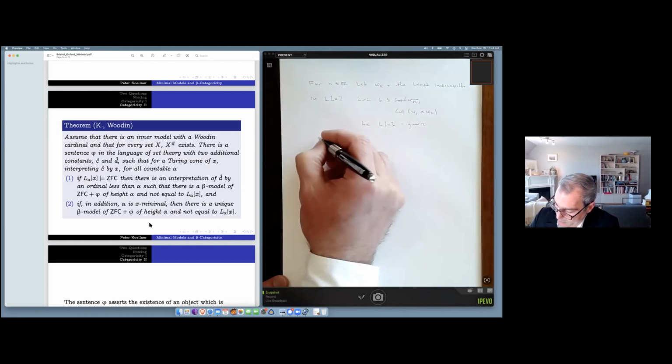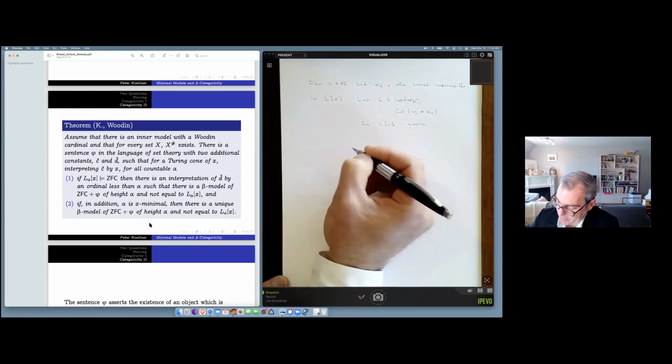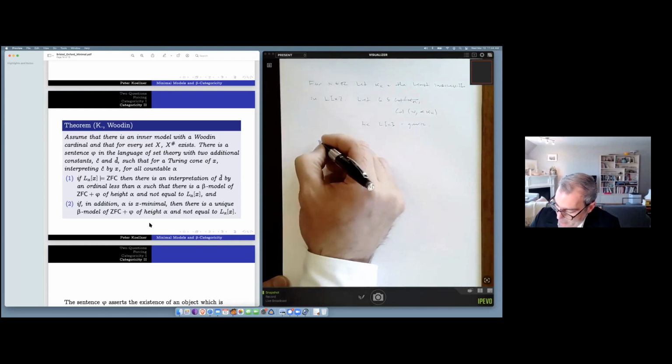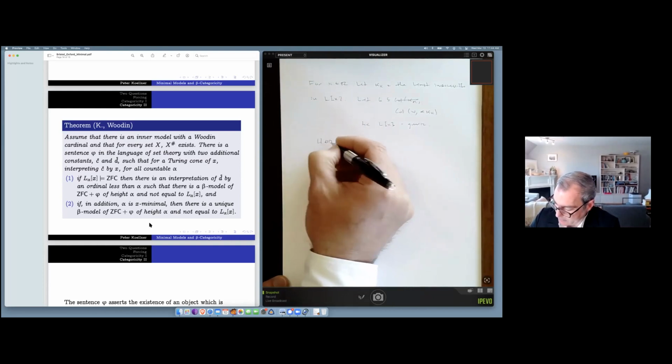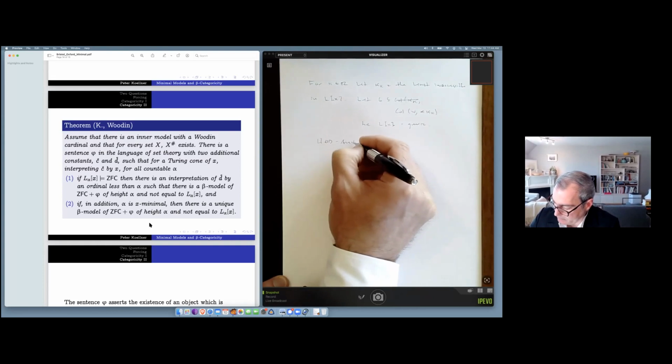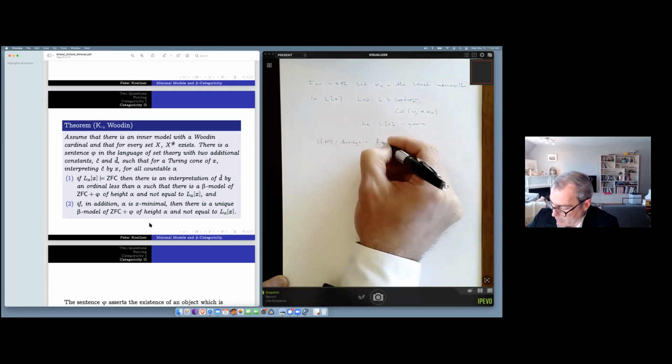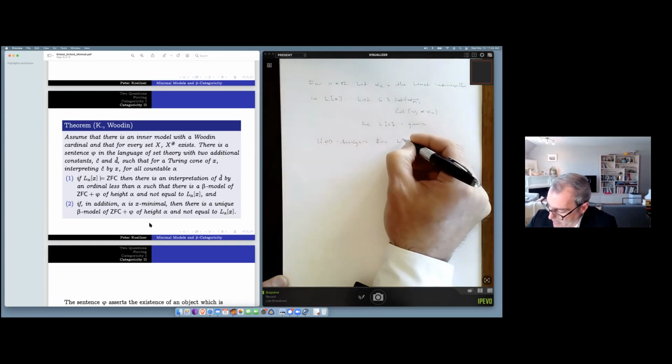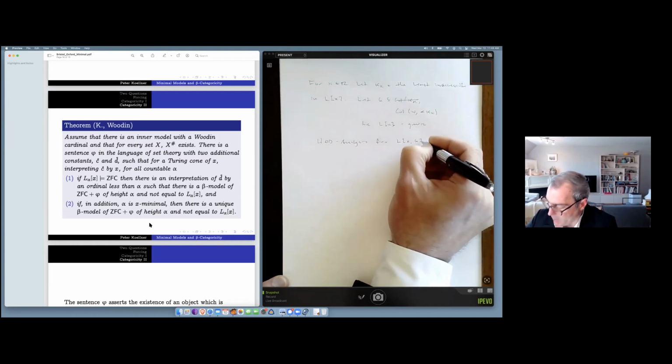Then for a cone of X, we do this. Then there's a Hahn analysis for L of X and G on a cone.